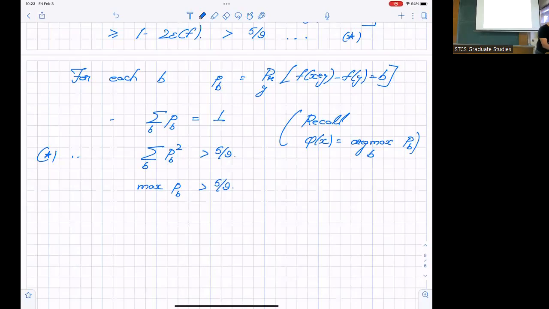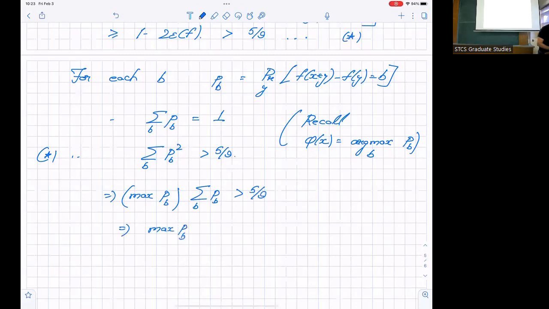This is the following, that implies max p_b times summation p_b is greater than 5/9. That implies max p_b. Okay, I wanted to prove 2/3, not 5/9. 5/9 is smaller than 2/3. You can do one more step now.